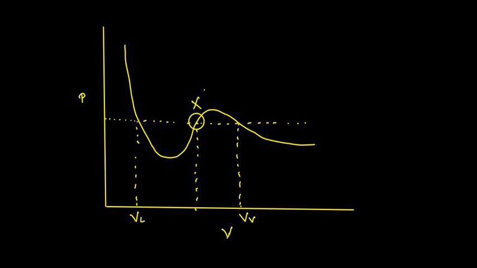Therefore, this volume will never be observed. So you have V lower, V liquid, and V higher, V vapor, and the intermediate volume will never be observed.